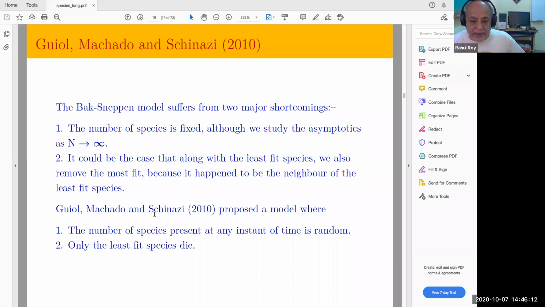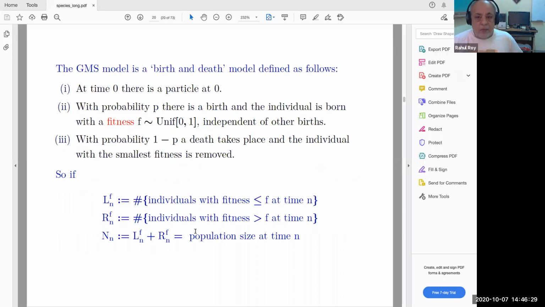So GMS proposed a model where the number of species present at any instant of time is random, and only the least fit species die, akin to the Liggett and Schinazi model. So what they proposed was this. It's a birth and death model.